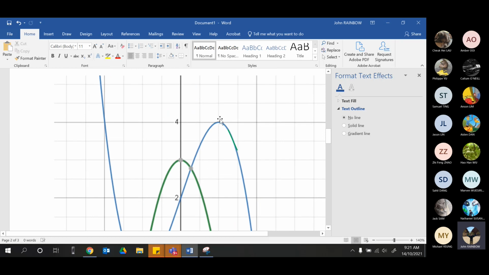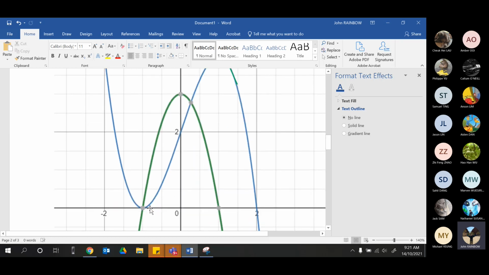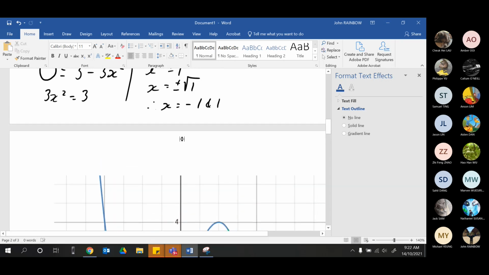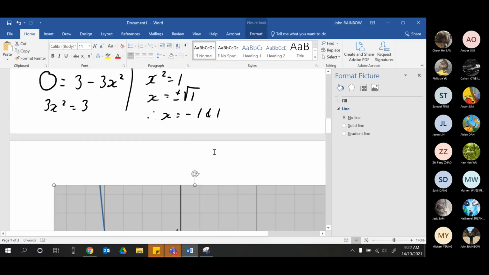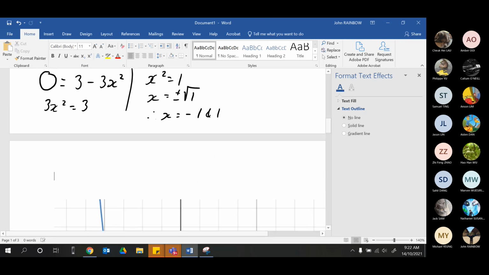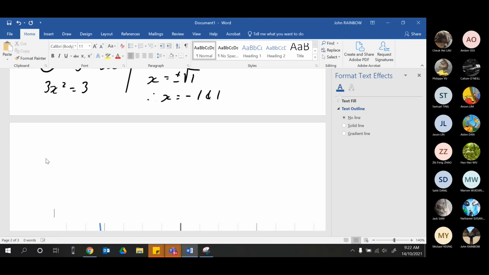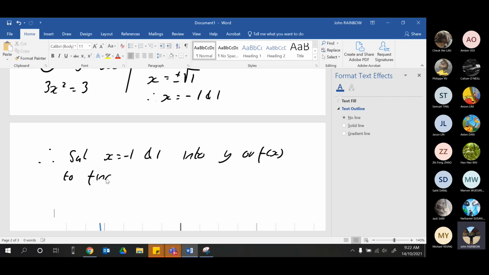Now we want to find the turning points of the actual graph. So I've then just got to substitute these x values back into here to find the y-coordinates. Therefore, sub x equals -1 and 1 into y or f of x to find the turning point coordinates.